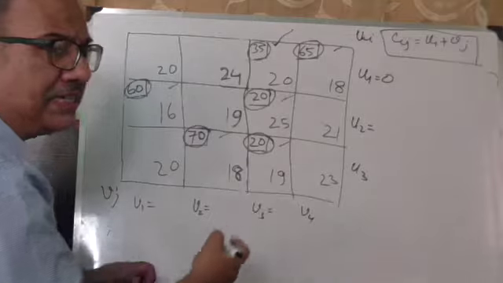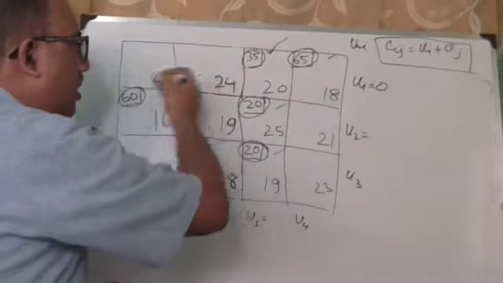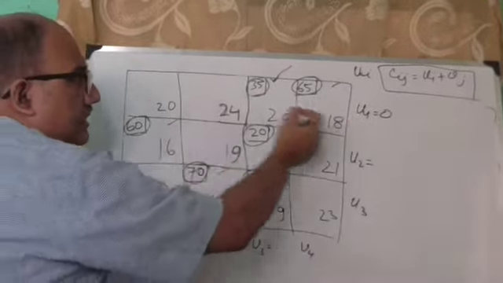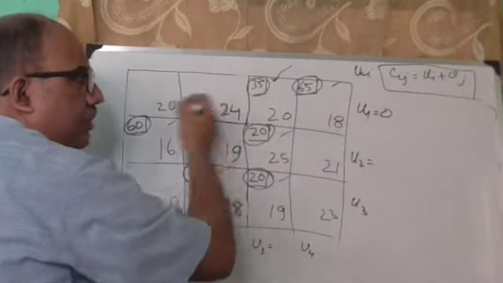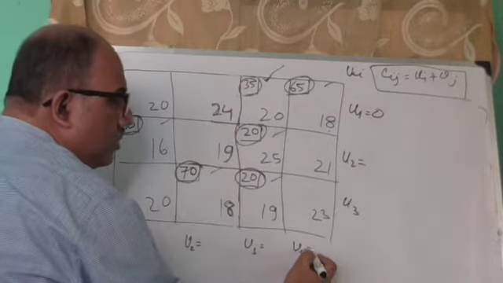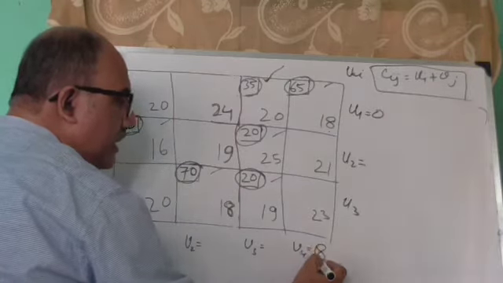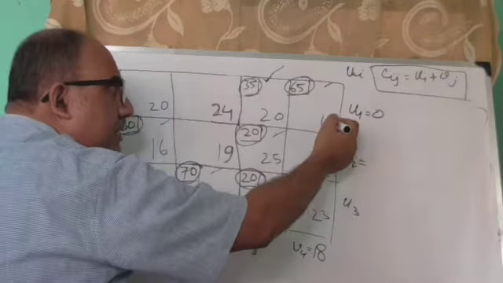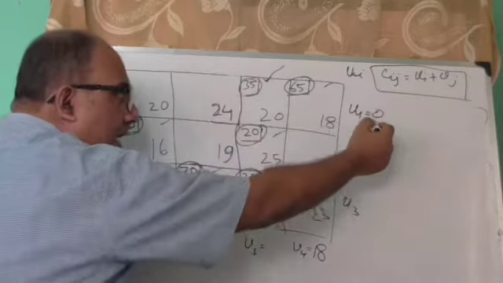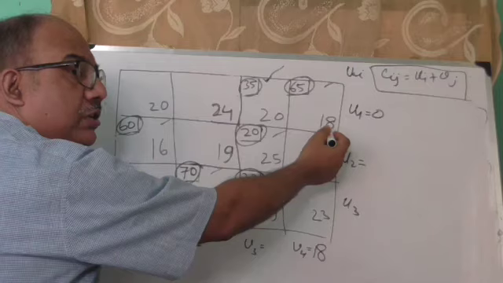This is a repetition that I am doing. When I have taken this as 0, I will check what the allocated cells in this row are, because this is associated with the row. From this and this, I will get this value. So if this is 0, this is 18, this must be 18, because this plus this is equal to this according to the formula Ui plus Vj. So U1 plus V4 is equal to C14.